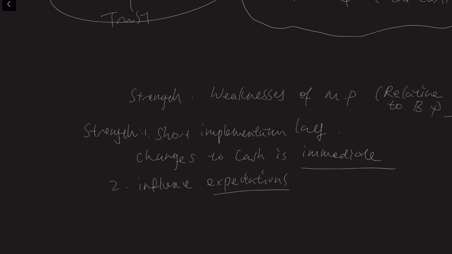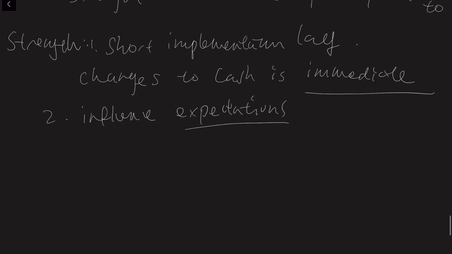By just talking, with one condition though, that people believe or trust in the central bank, which is usually the case in developed economies. You just say a few sentences and you can have a powerful impact on the economy without you actually do anything.